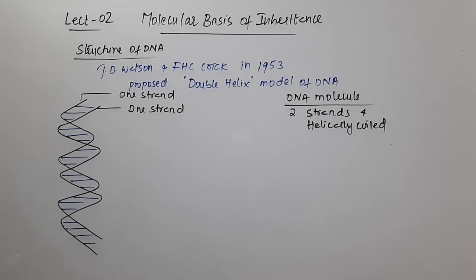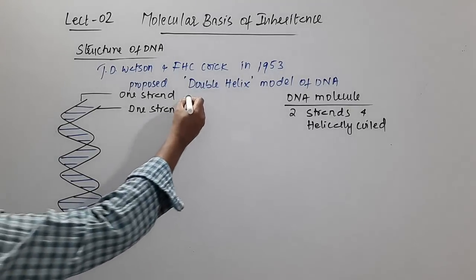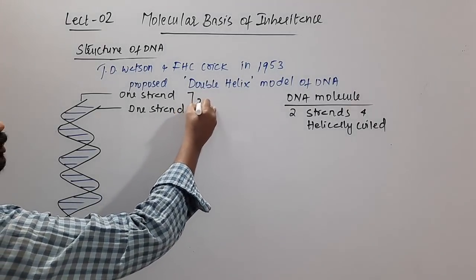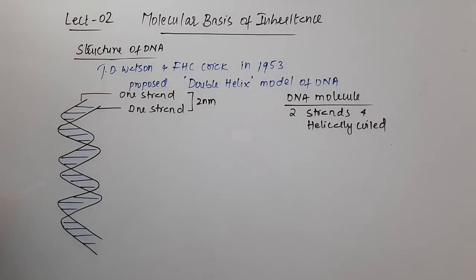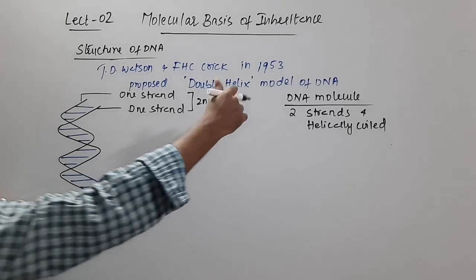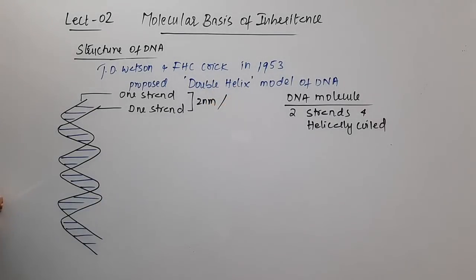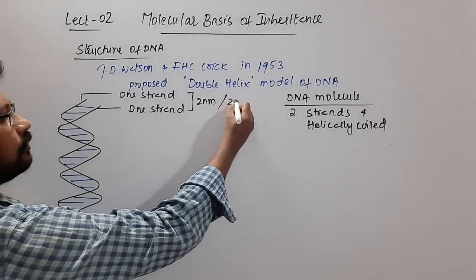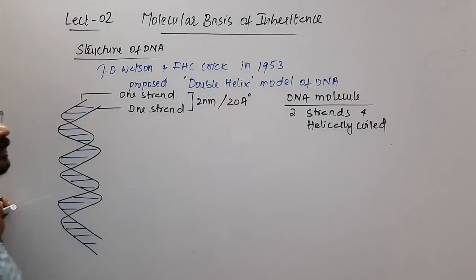Now the distance between two strands will be 2 nanometers. Of course you can also tell it in terms of angstroms, then it will be 20 angstroms.